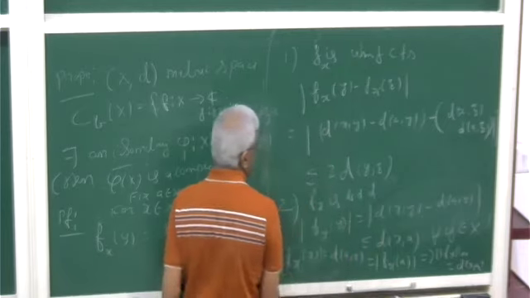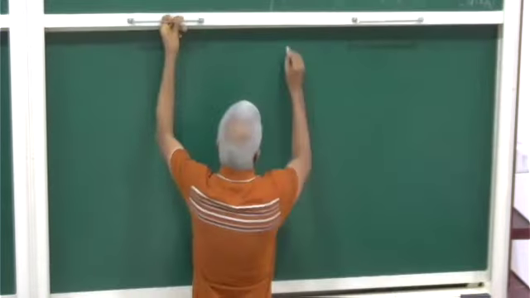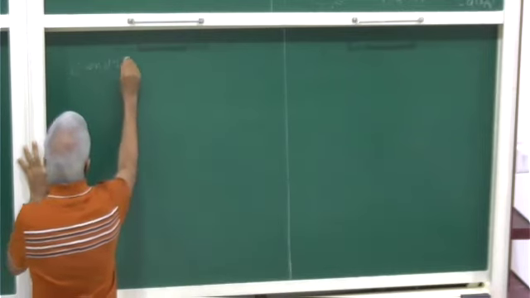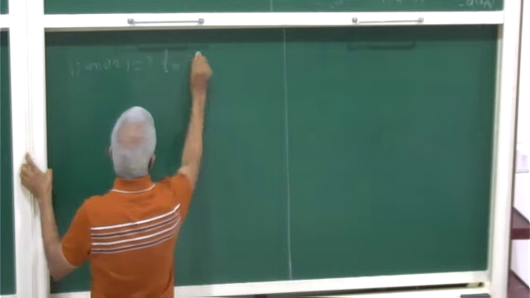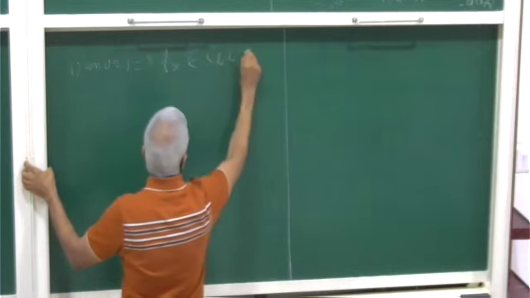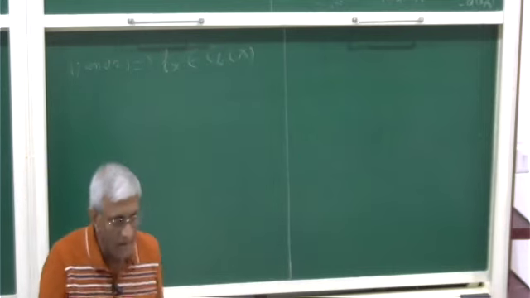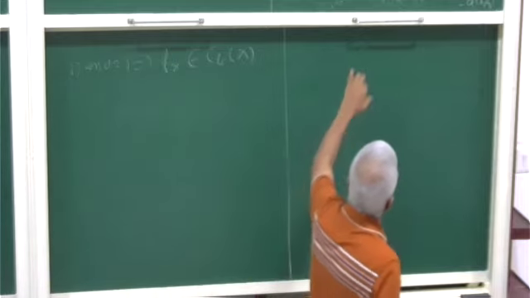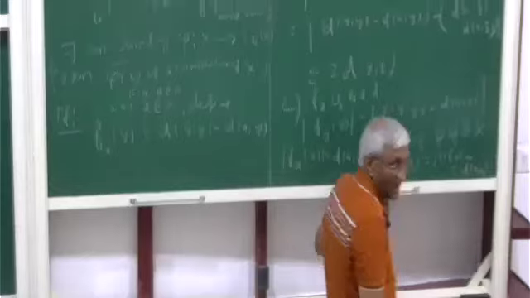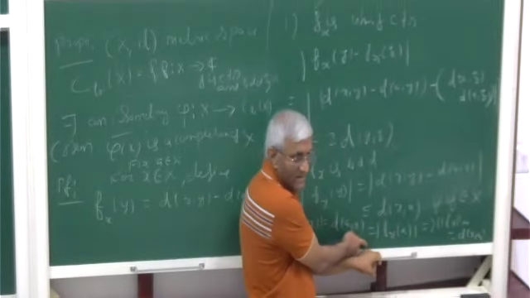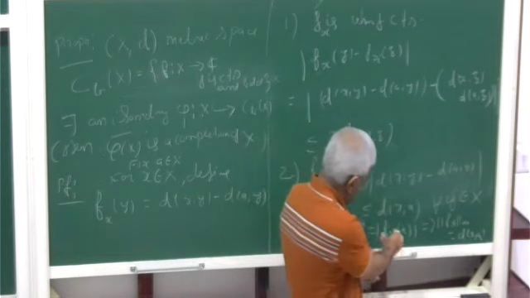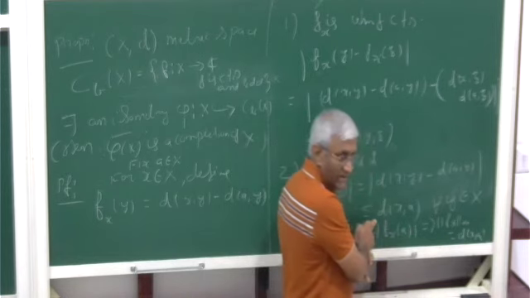From these two statements, we have made two statements: 1 and 2 imply f_x as a function is contained in CB(X). The norm is d(x,a) itself, because the maximum is attained here at a, which is exactly equal to this, and it is less than or equal to this, as we have proved.